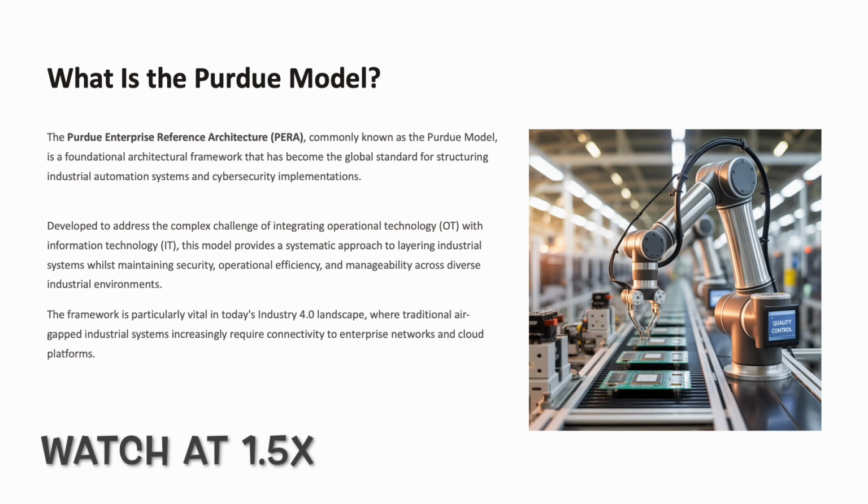For the foundation of today's discussion, let's define what the Purdue model actually is. The Purdue model, formerly known as the Purdue Enterprise Reference Architecture or PERA, is a foundational framework that has been adopted worldwide as the standard for structuring industrial automation and cybersecurity systems.